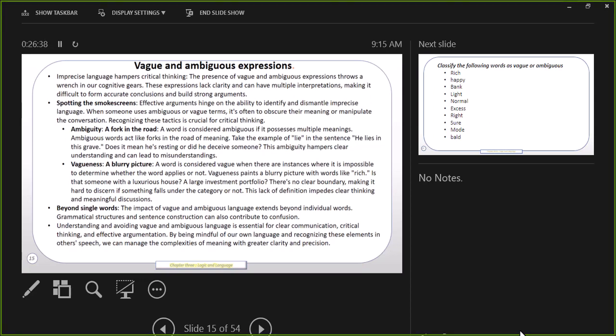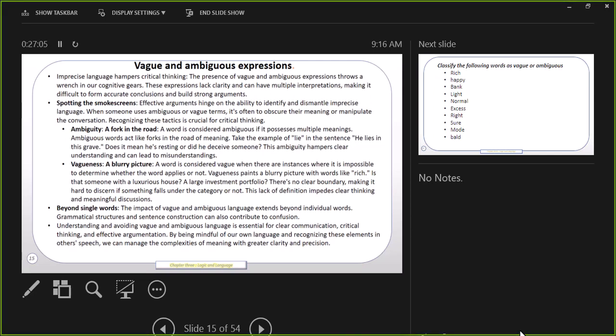Kadus Johannes, what does ambiguous expression mean? Yes, the same thing is true for vague. Give an example. Like what? Light, L-I-G-H-T. Is it ambiguous or vague?